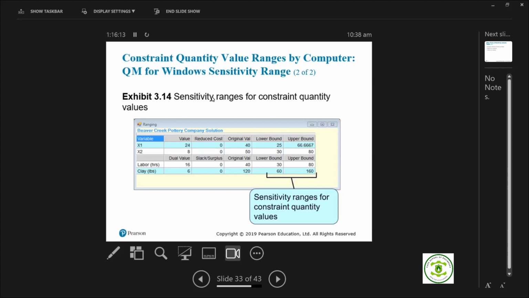Now, let's look at the coefficients for the constraint function. We have labor. And remember that I told you about the dual value. I said that dual value is also called the shadow price, or the marginal value. So you interpret this as the shadow price or marginal value.